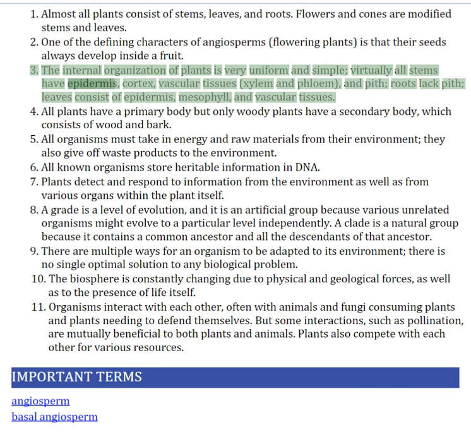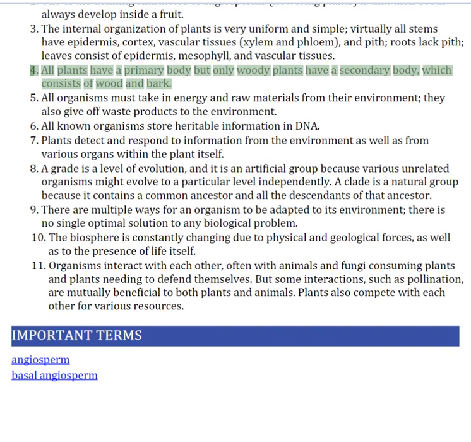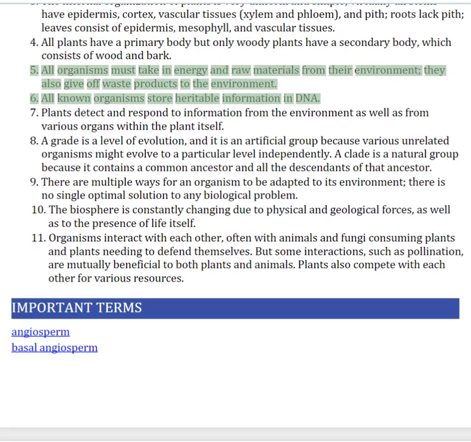Virtually all stems have epidermis, cortex, vascular tissues, and pith. Roots lack pith. Leaves consist of epidermis, mesophyll, and vascular tissues. 4. All plants have a primary body, but only woody plants have a secondary body, which consists of wood and bark.